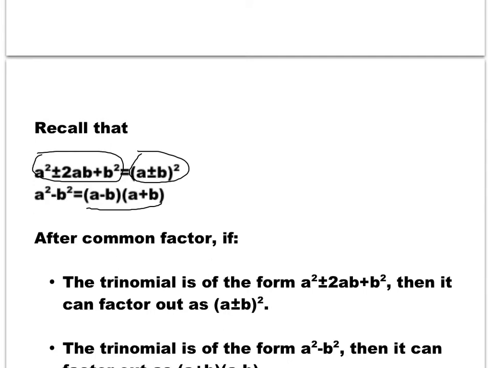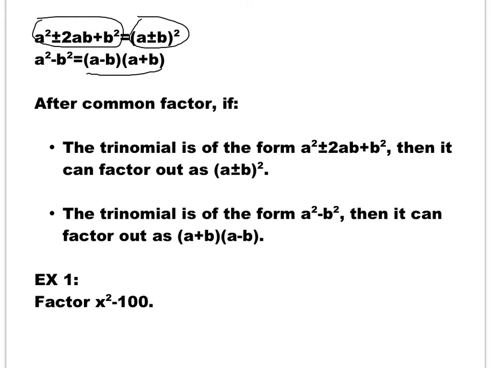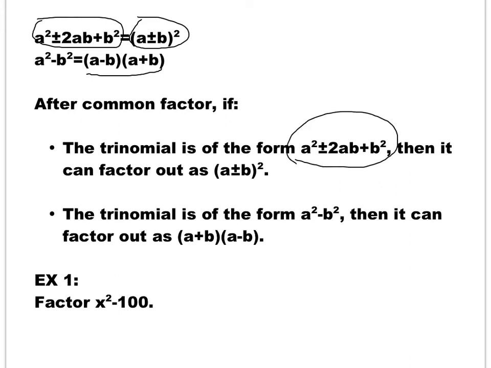So the process is very simple. Again, the first thing you always do for factoring is try to see if there is any common factor. If there is, you take the common factor out, then you are going to be left with another polynomial. Now, if the polynomial is a trinomial of this form, a squared plus or minus 2ab plus b squared, then the factor is a plus b or a minus b squared.